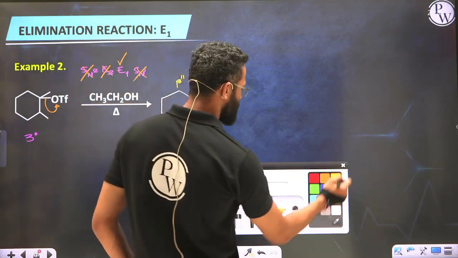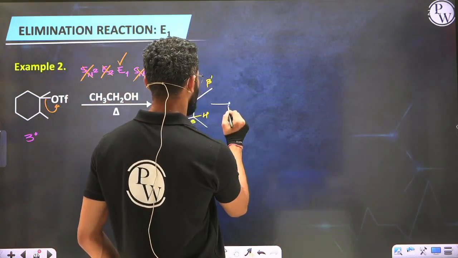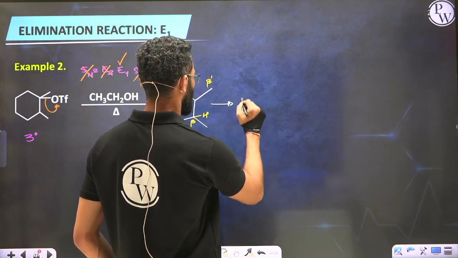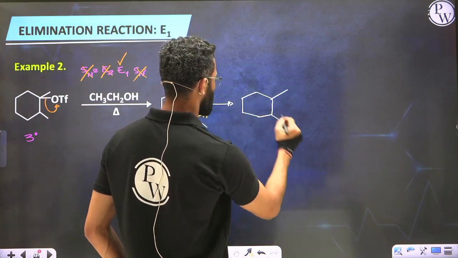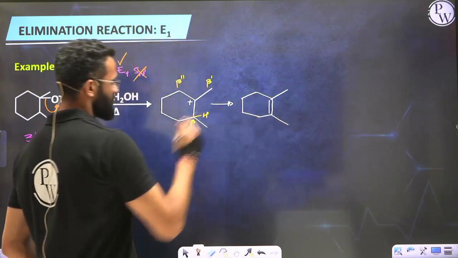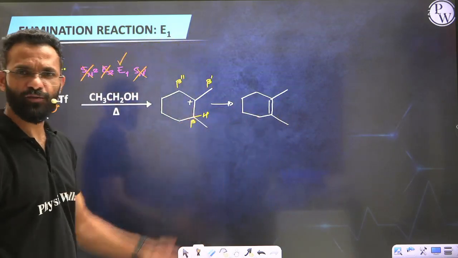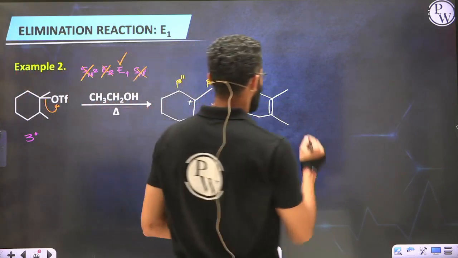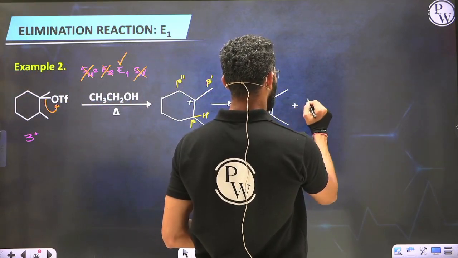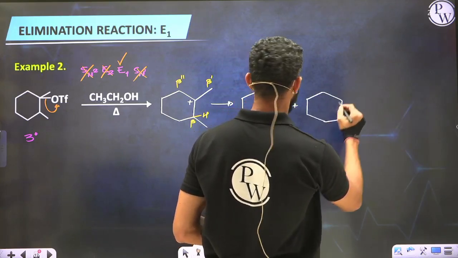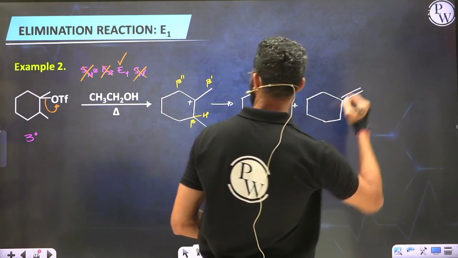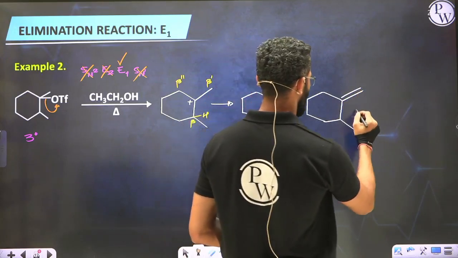So the 3 products obtained are: removal of hydrogen from beta carbon, so this is the first one, and of course this is going to be the most stable alkene. Hydrogen abstraction from beta dash, which is this, and the third one.